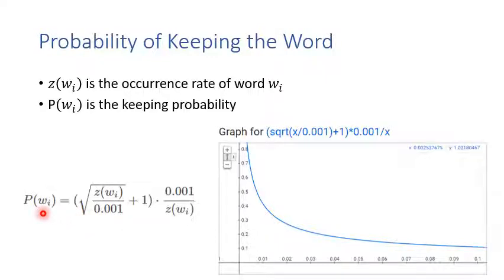The probability of keeping the word is around the square root of the occurrence rate divided by the occurrence rate. The probability output is shown here. So the less frequent the word, the higher the probability that we will keep it.